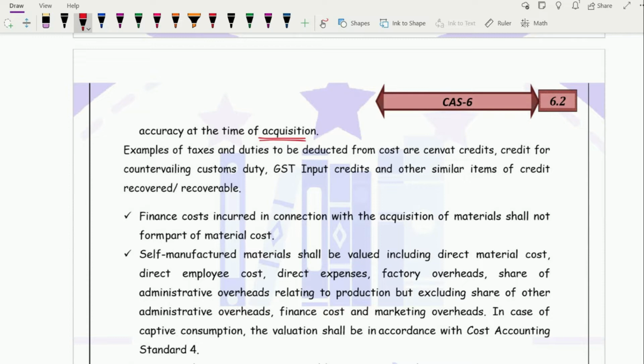Basically what I have told you is that from the moment you place the order for this material till the material reaches your factory, any expenditures in between these two periods you have to include, except for the trade discounts, that is to be subtracted, and the GST or any other taxes on which the ITC is available.